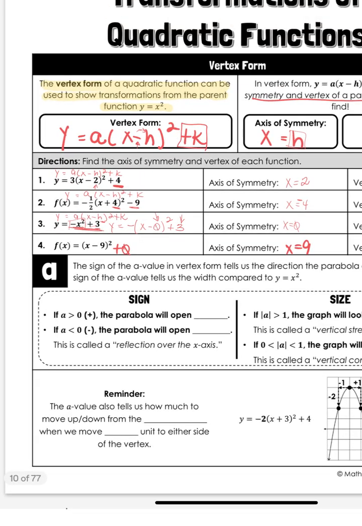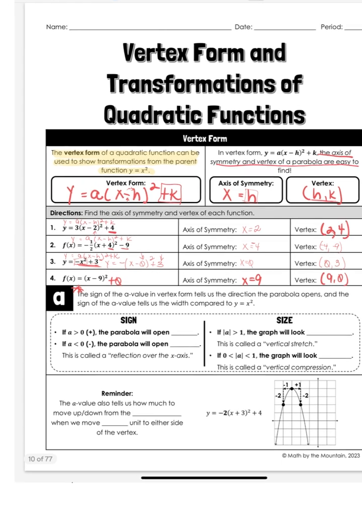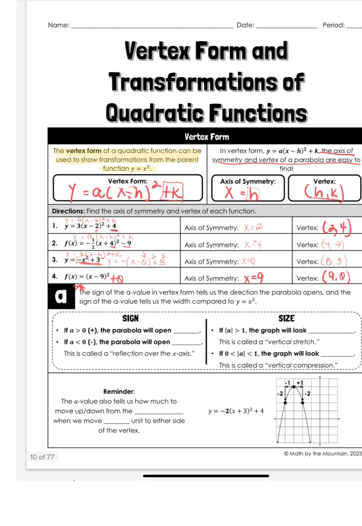The sign of the a value in the vertex form tells us the direction the parabola opens, and the size of the a value tells us the width when compared to y equals x squared. You need to know this.